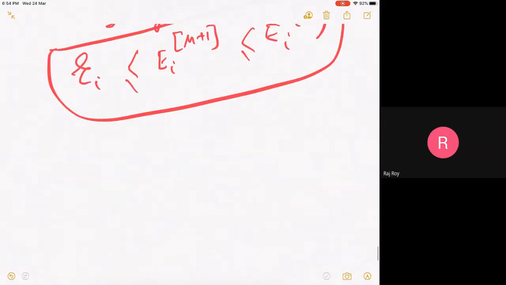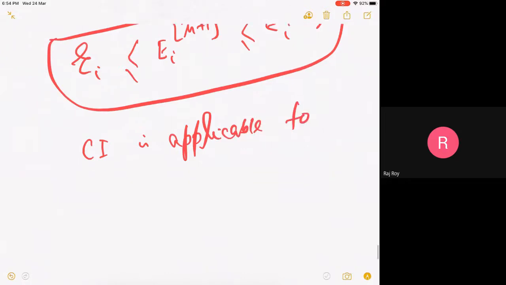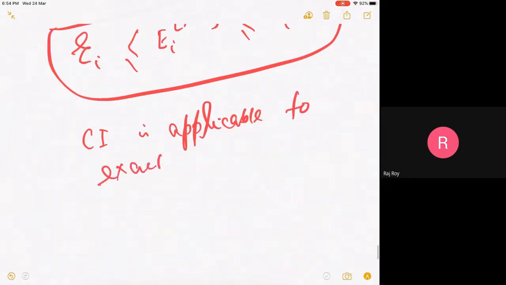And that is the reason we say that the CI is applicable to excited states. We'll understand why. Because I have a bounds for the excited states.